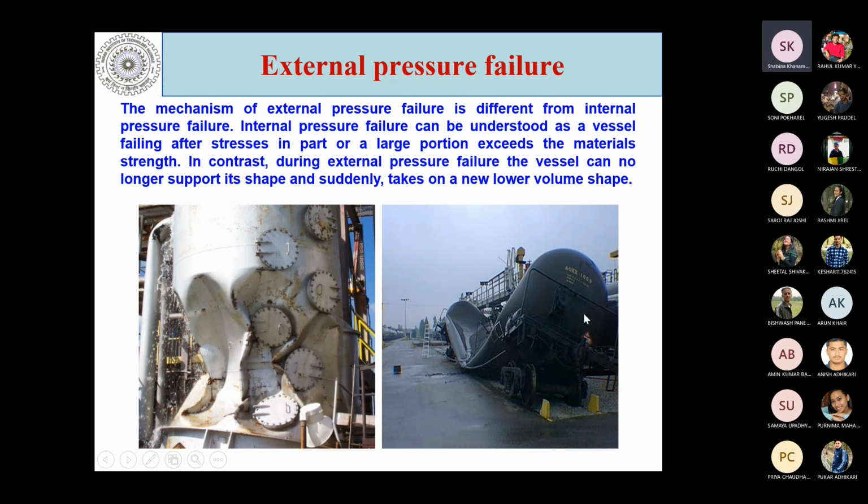So we have this kind of rail bogie with a cylindrical shape and formed heads, and you can see the type of failure. You all must have seen this rail bogie, and it looks so strong in shape, but when external pressure failure occurs, it is squeezed like a paper, as you can see over here.